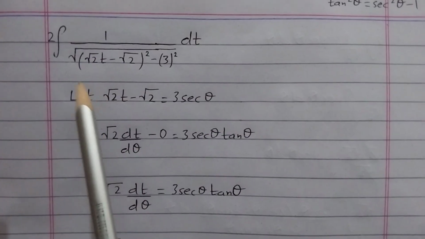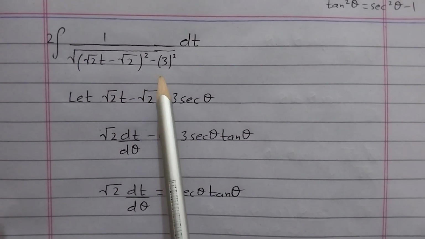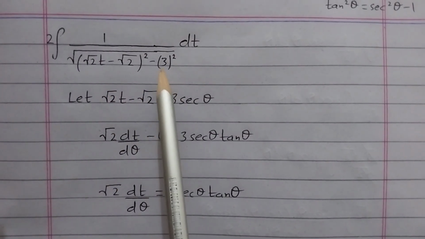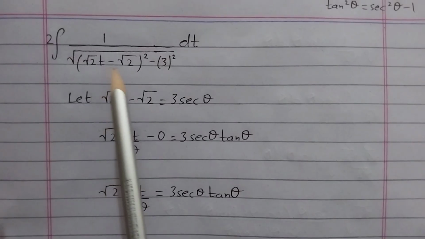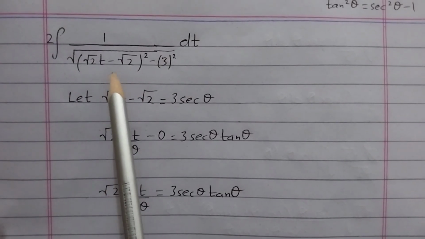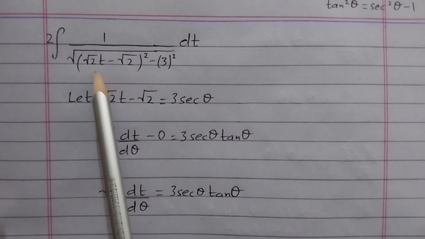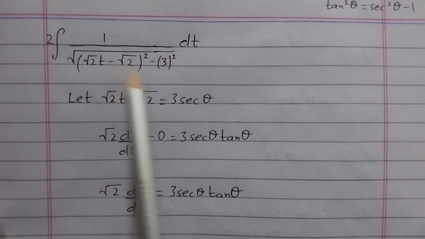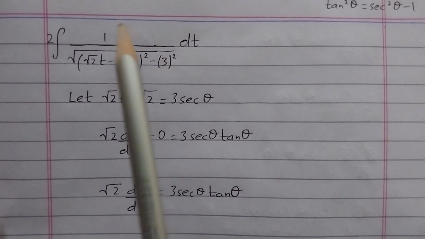Here we don't have 1, we have 3 squared, and here we don't have x, we have square root 2t minus square root 2, whole square. So in place of x we have this thing, and in place of 1 we have this 3.